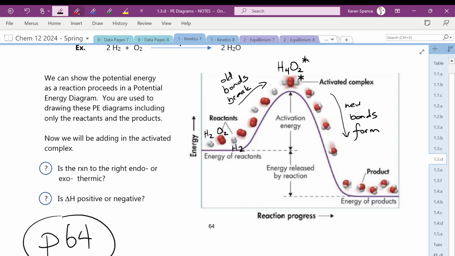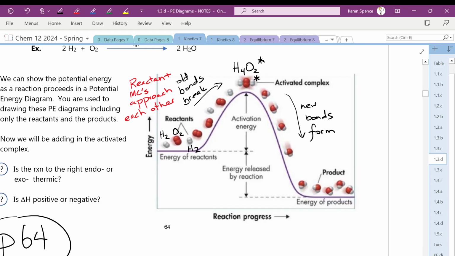We could also say, at the same time as old bonds are breaking, that the reactant molecules approach each other. And over on the product side, the product molecules move apart from each other.